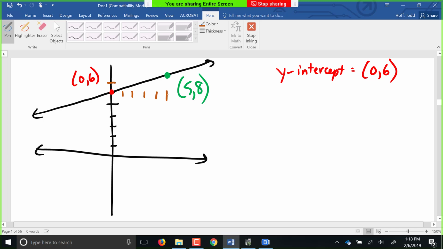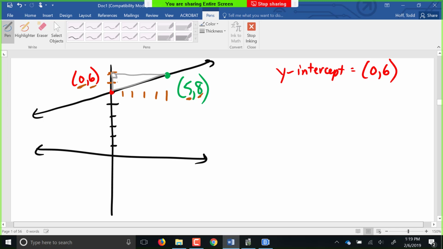So to get over to it, obviously we had to go from 0 to 5. We're running 5. How far would we have to go up to get to that? From 6 to 8 would be up 2. Very good. We can always think of there as being this invisible triangle that contains a rise and run.